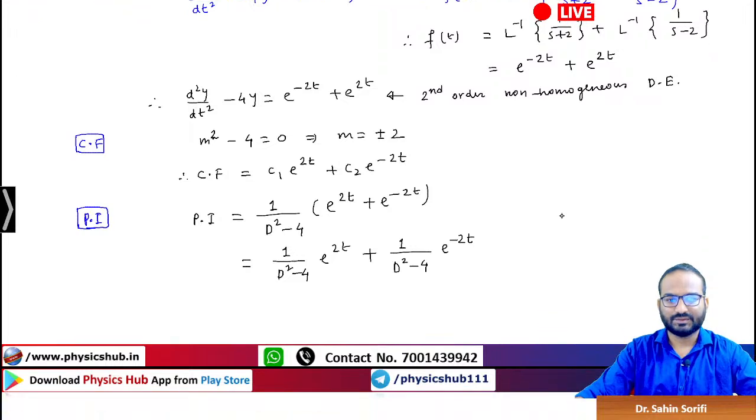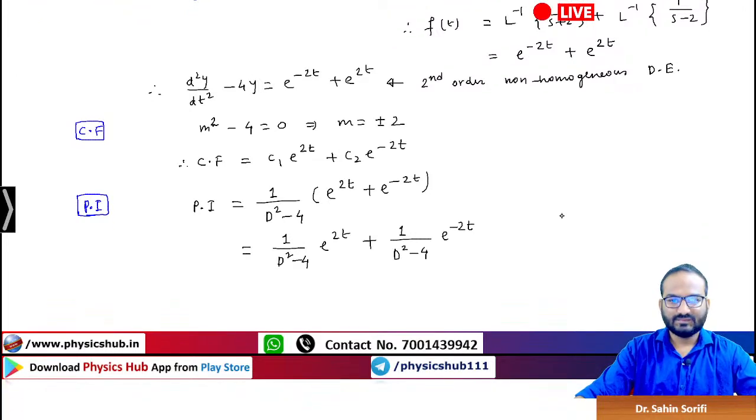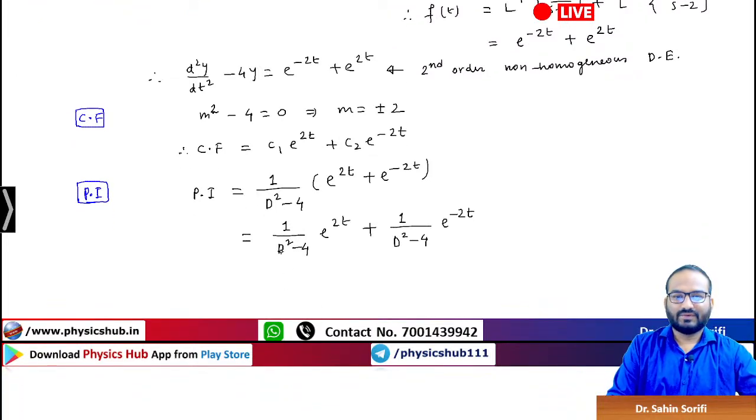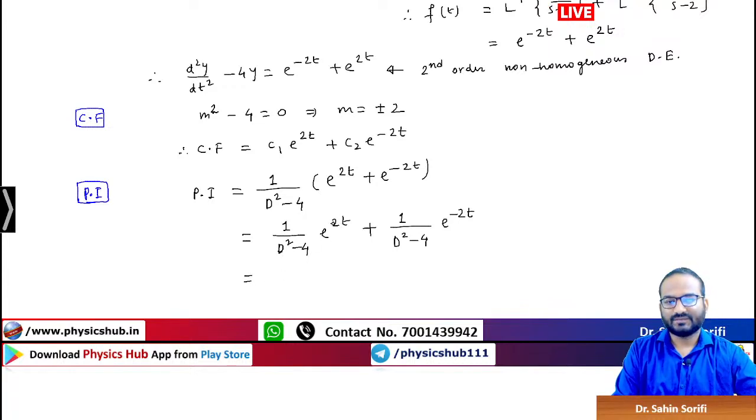If you have, you can let me know. Now for the first term, as you can see, you need to put D equals a, right? a is 2 here and here a is minus 2. So what is happening here?